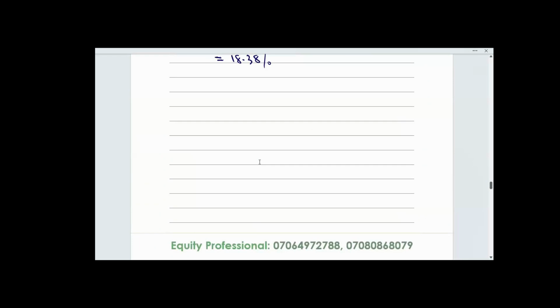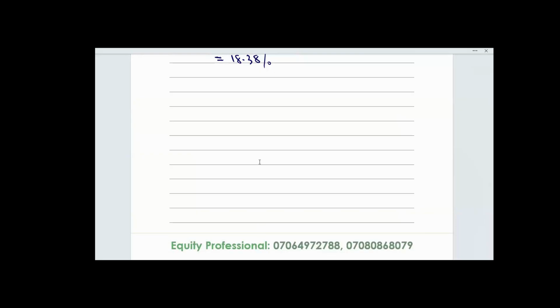Like I mentioned last time, in recent times ICAN has not tested sensitivity analysis as a complete question. What they do in recent times is just ask students to calculate the sensitivity margin of one particular variable.